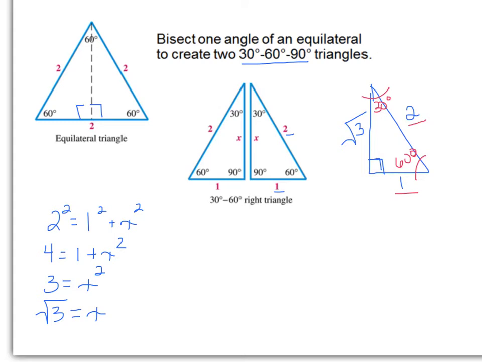I made this 1 over the square root of 3, and then I rationalized. The cosecant, the secant, and the cotangent.